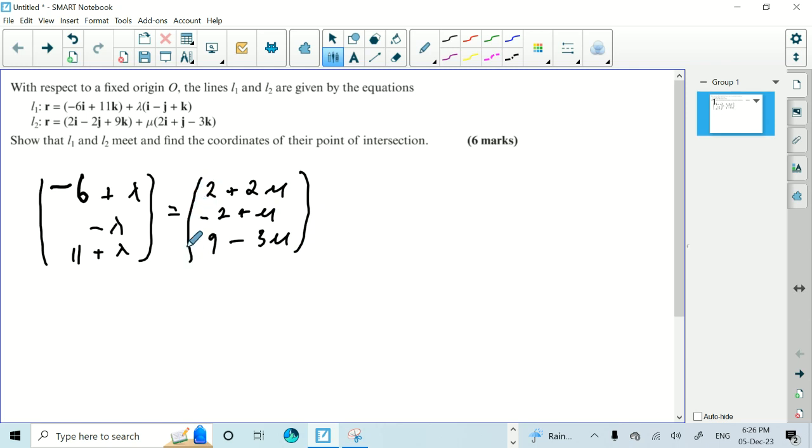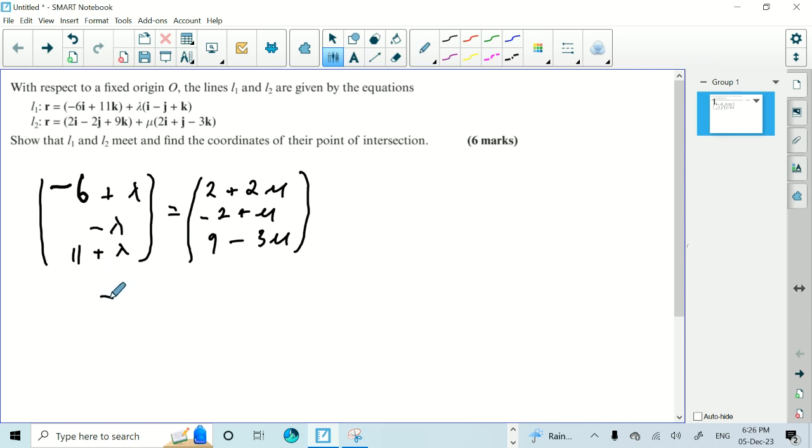Now we need to equate each line. So the first one, I've got minus 6 plus lambda. And I'm going to take all of this from right-hand side to left-hand side. So I've got minus 8 plus lambda minus 2 mu. Well, let's do lambda minus 2 mu.